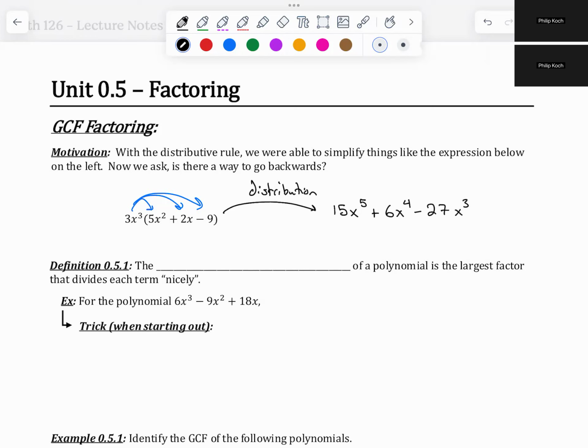So our goal now is to go backwards, to be given a polynomial in standard form, in expanded form, and get it into factored form. So our goal is to go backwards, factoring.